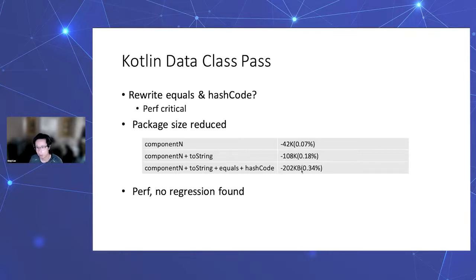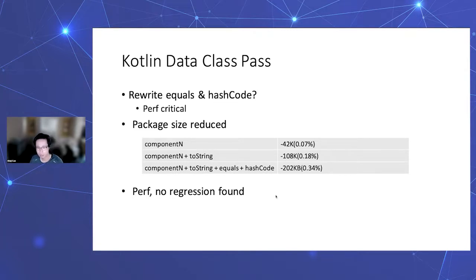Then the overall package size reduction can be 0.34%. We just wanted to see the full capacity of the size reduction. Finally we chose the middle one, the component plus toString strategy.